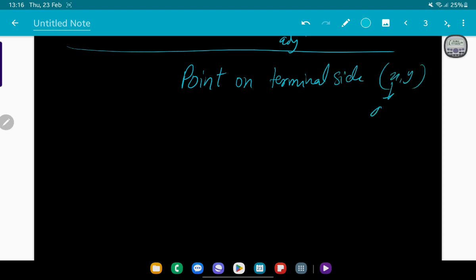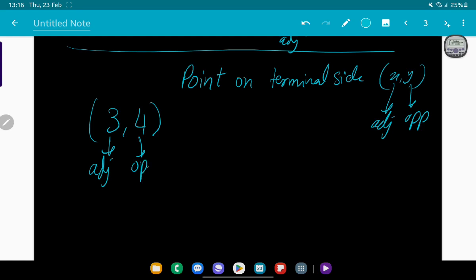If I told you that you have a point on the terminal side of a triangle, for example, 5 and 8, x and y, x will always be the adjacent and y will always be the opposite. So for example, if I give you the point 3 and 4, you should know that this is the adjacent and this is the opposite.